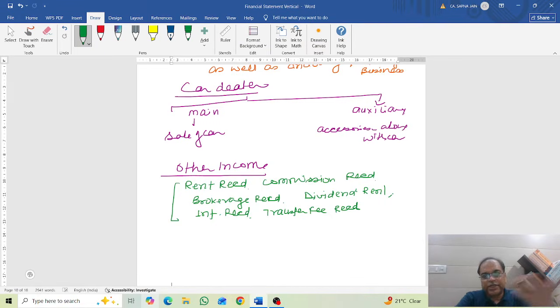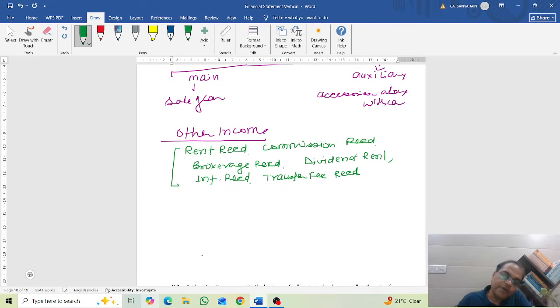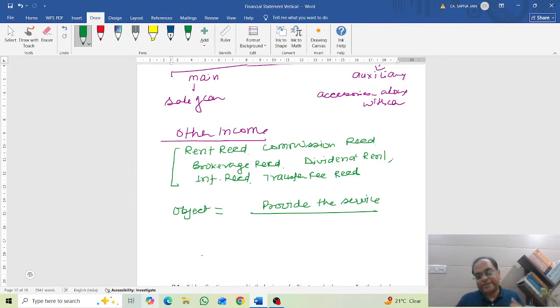In case of your college, what is the main business of the college? Provide the service. This is the main business, revenue from operation. Suppose your college has hostels, and rent received from hostel is called other income or other revenue.